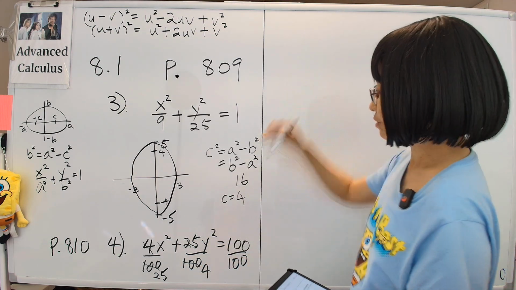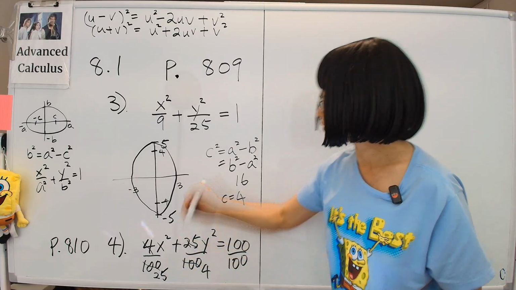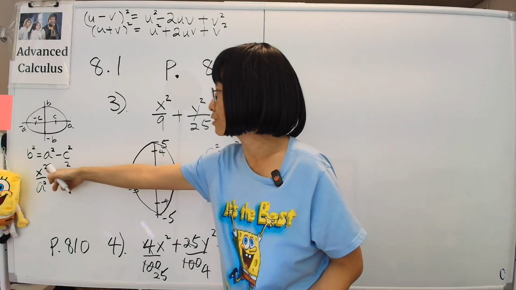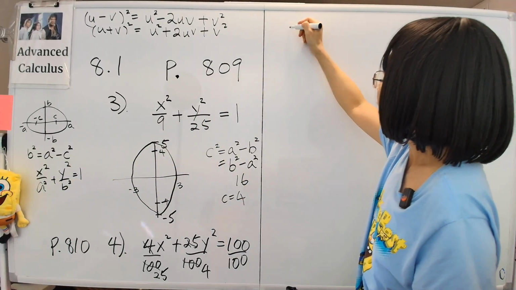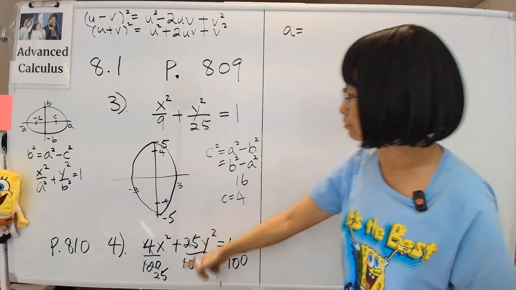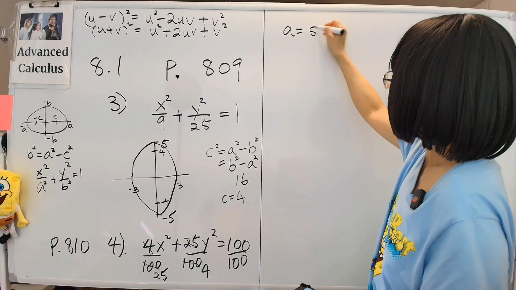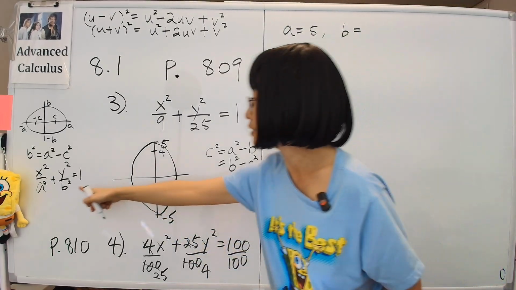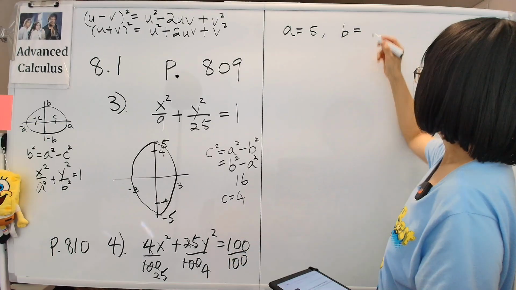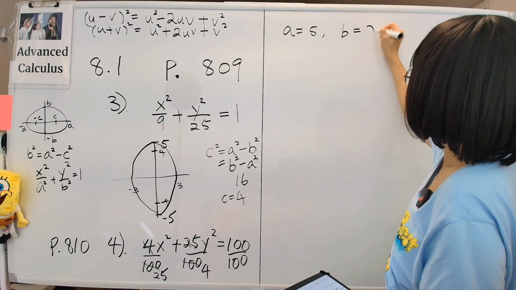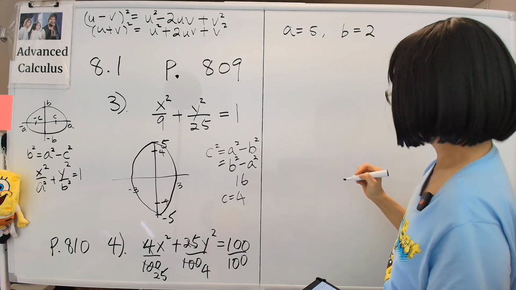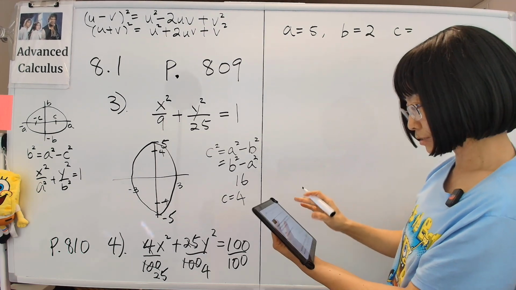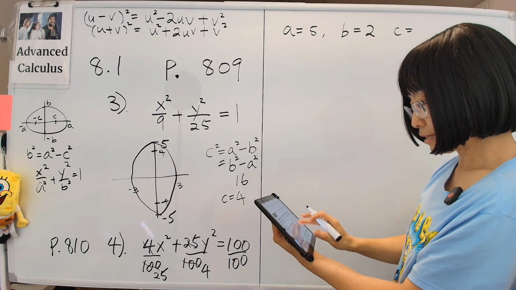That gives us immediately that a is the square root of 25, which is 5, because the ellipse formula is x squared over a squared. Then b is the square root of 4, since b is under y, which is 2. Then that gives us c. Do they want c? Yeah, I guess they do.